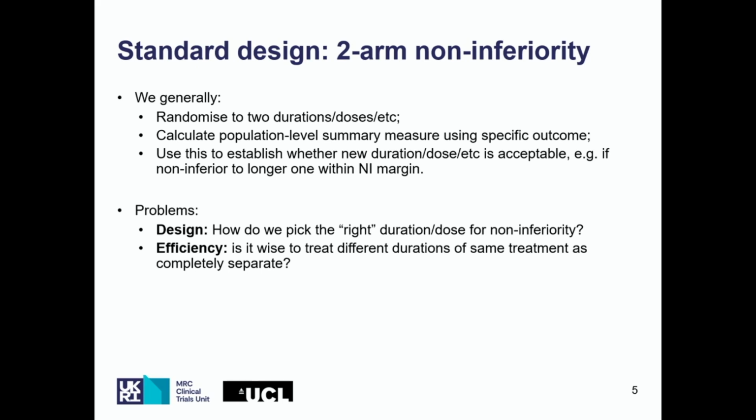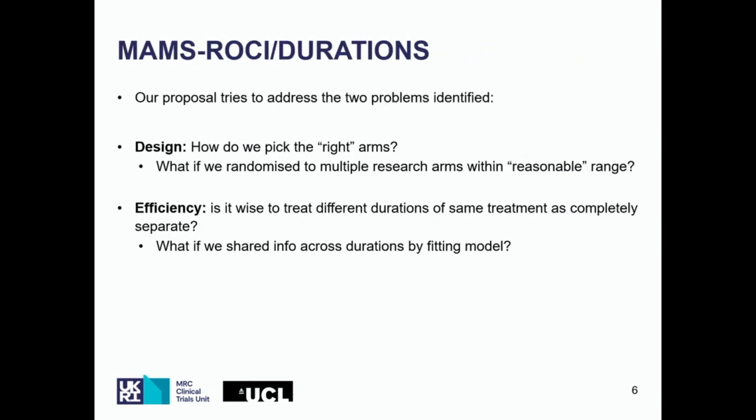Interrelated with that is the idea of efficiency. Is it really sensible to treat different durations of treatment with the same antibiotic, or the same treatment more generally, as if they're completely separate? Can we learn something from a range of different treatment durations?